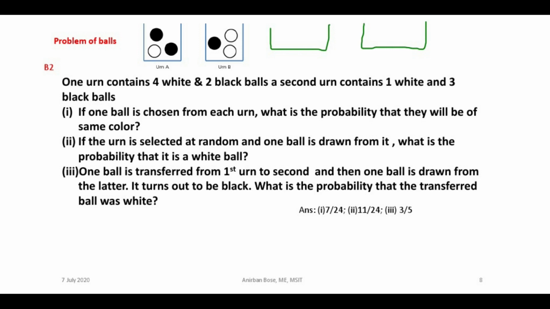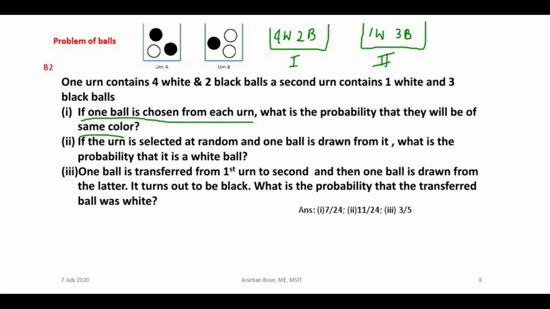The first urn contains 4 white and 2 black balls, and the second urn contains 1 white and 3 black balls. Okay, now the question is, if one ball is chosen from each urn, what is the probability that they will be of the same color?